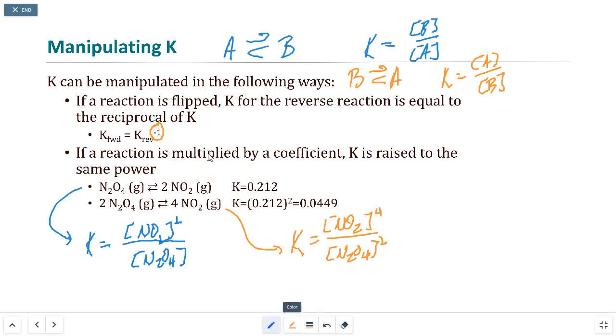Just looking at the exponents here, I can establish that the orange K is equal to the blue K squared. I just took this whole thing and squared it. And so if I know that the value is 0.212 for the blue, well, 0.212 squared, 0.0449, would be the value for the orange.